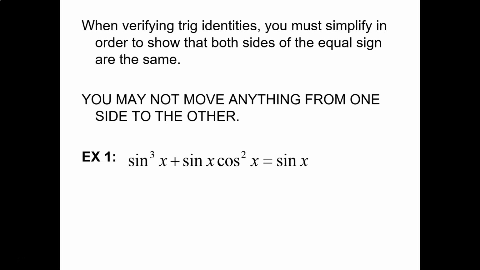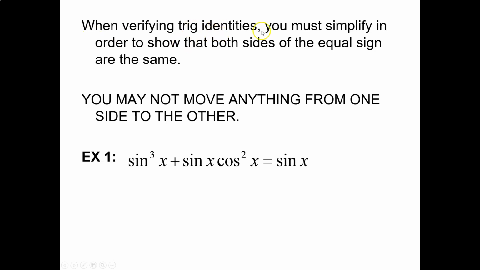Sometimes I'll pick different numbers, but I have not seen many in a while that have errors in them. Unless there's an error in the problem, you're starting with a true statement. So it is true that sine cubed x plus sine x cosine squared x equals sine x. What you have to do is prove why that's the case.